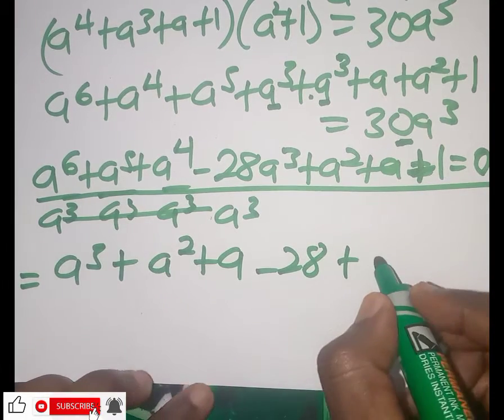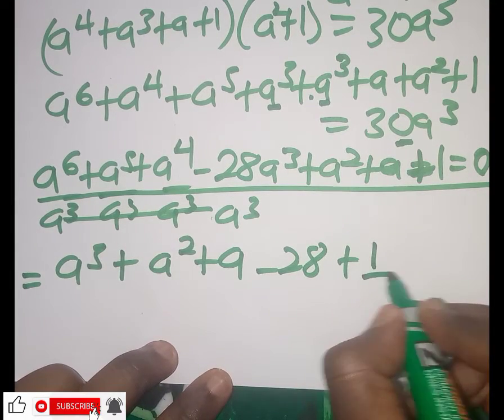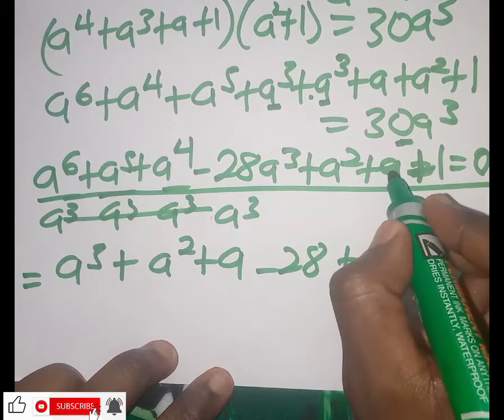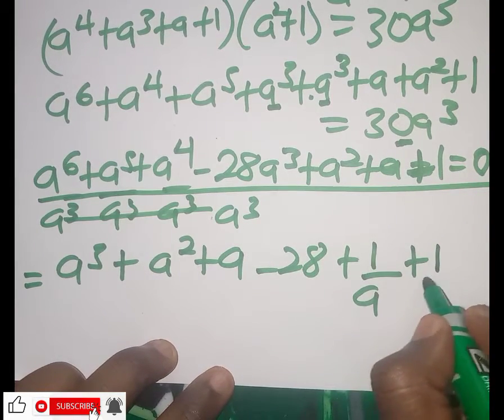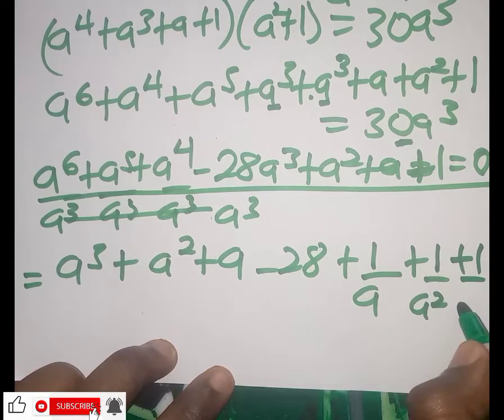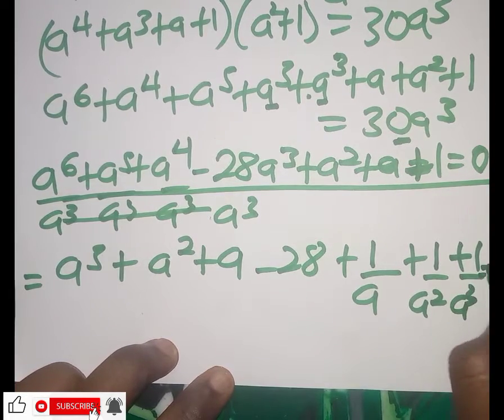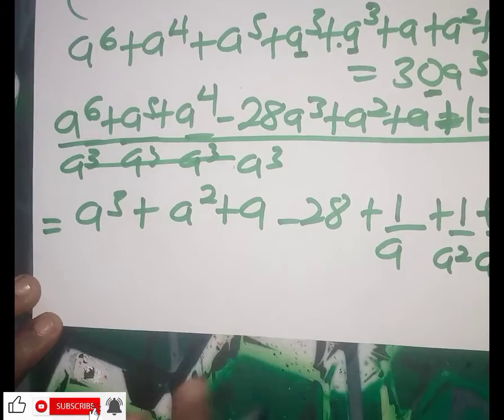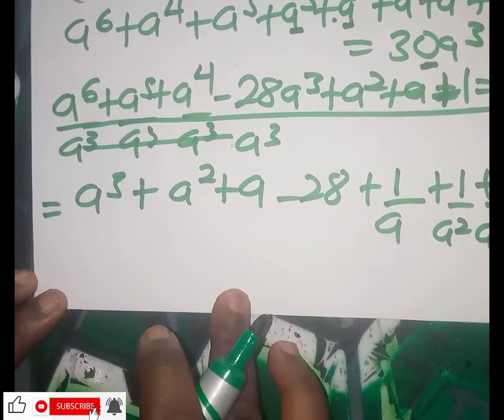This part will be left with 1 over a, and then with this part we have 1 over a squared, and then the last part will be plus 1 over a cube being equal to 0, right? Now this is what we are going to have. Very nice equation over here.